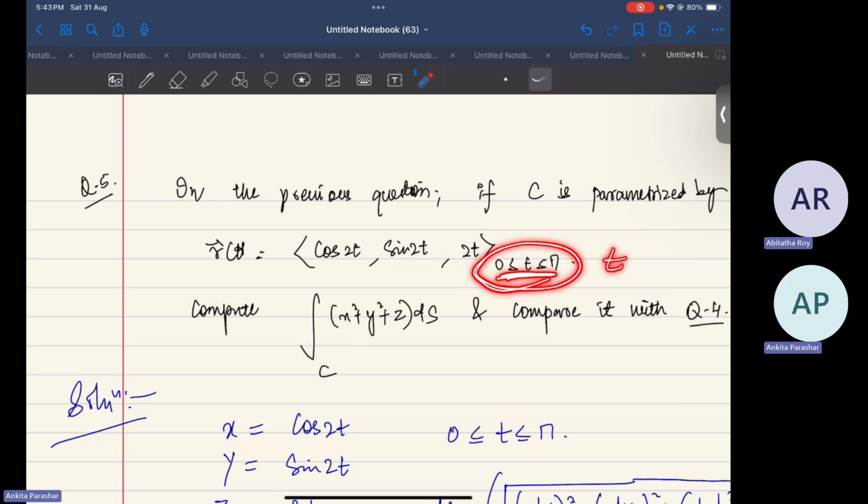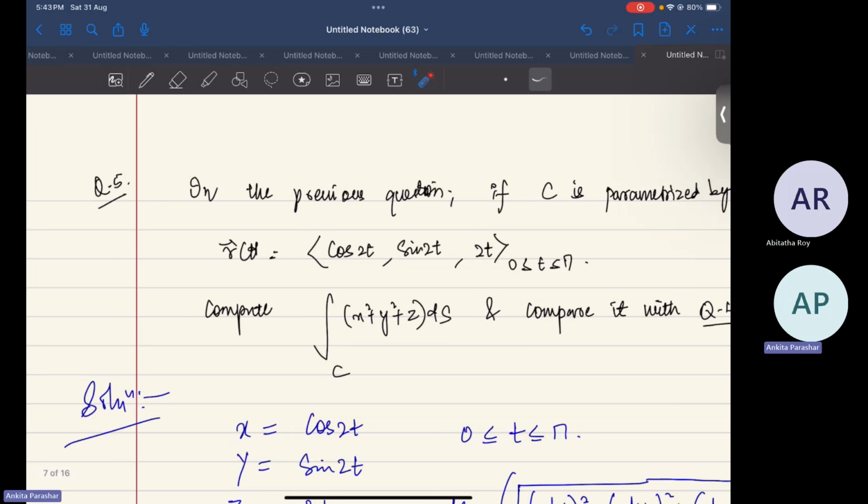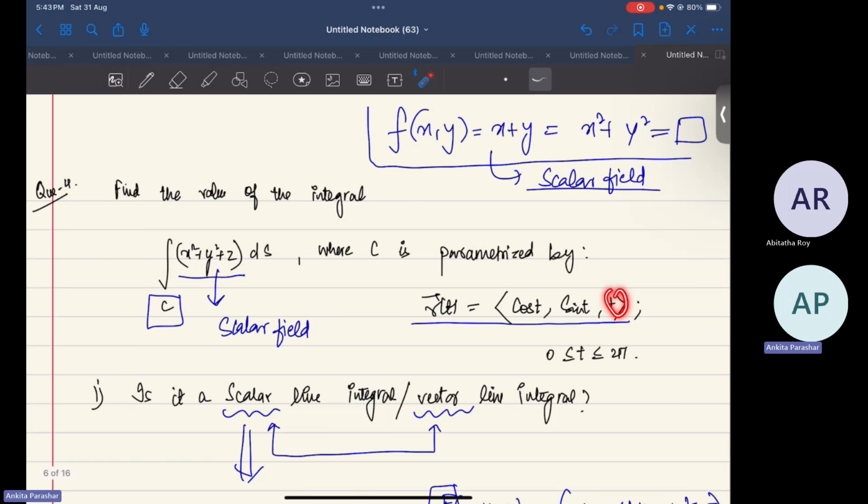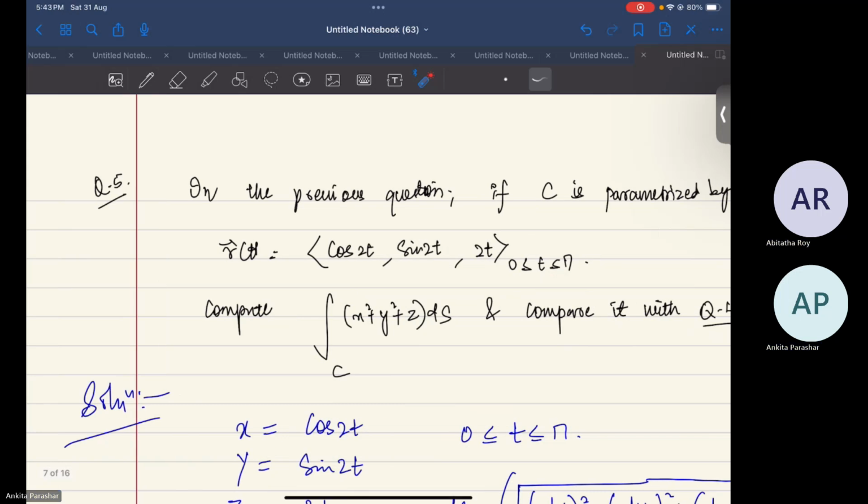Make sure that the last point is nothing but 0 to 2 pi. Here also the last point is t equal to 0 to 2 pi only. The difference is that you are slow here and fast here, but of course the end points are the same. You are going from one point to another, just that you are moving fast.